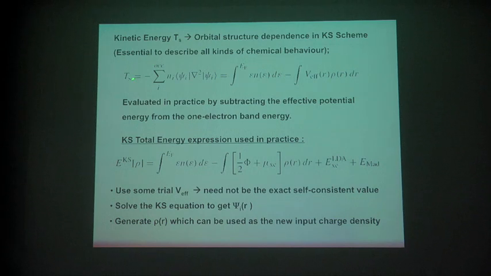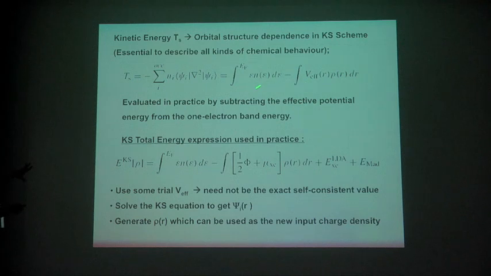So the question is, if you want to express the Ts, that is the non-interacting kinetic energy, when you sum over all the occupied states with the occupancy factor ni here, then you can express this as the sum of epsilon i, the total, minus the V effective.